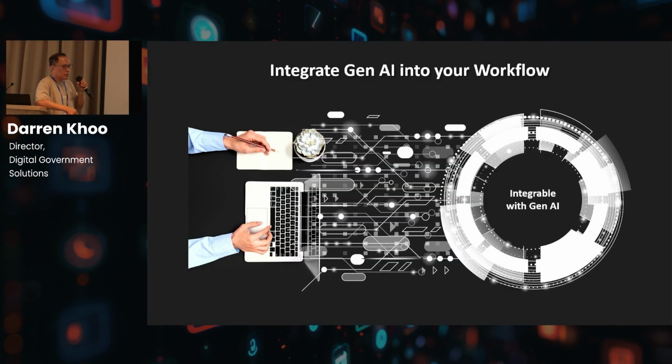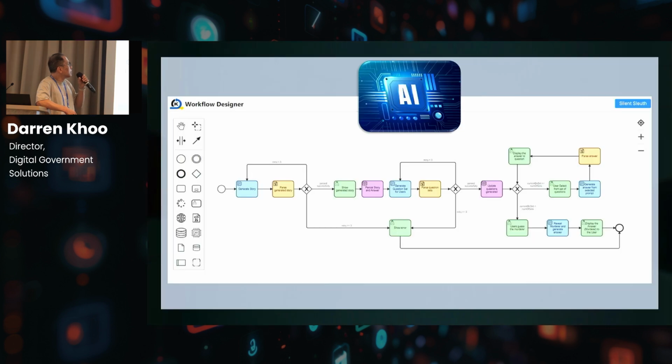And Kaizen allows you to integrate Gen AI into your workflow. Actually, some of the tasks that you see here are Gen AI tasks. By dragging a Gen AI task into the workflow, it will integrate with the Gen AI, the LLM model of your choice.